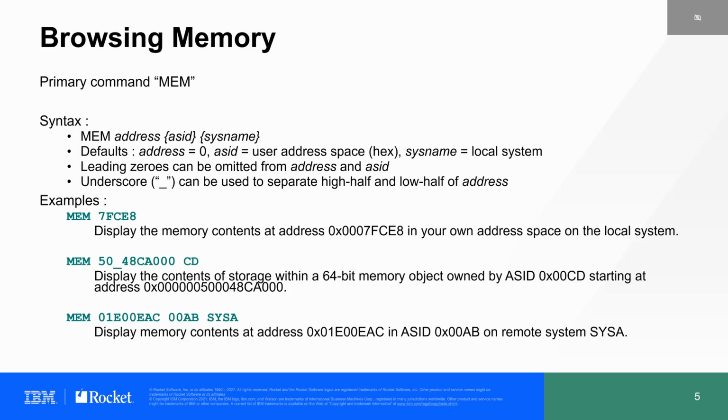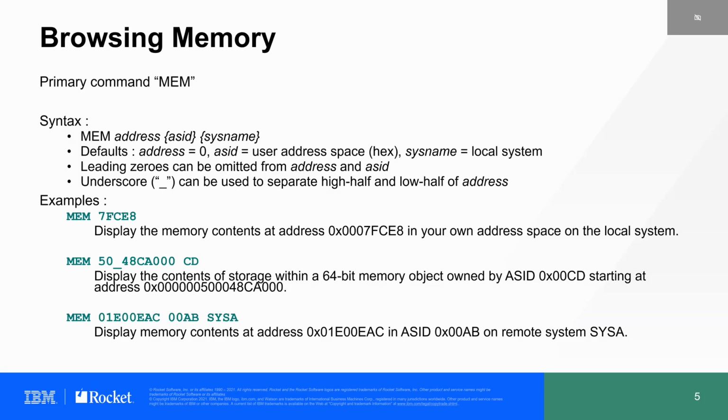Some examples here. So mem and then some 7FCE8 will just show the memory at that hexadecimal address in your own address space on the local system. Likewise, underneath, we're going into 64-bit land here with a mem 50 underscore, and then some hexadecimal characters, and then CD.